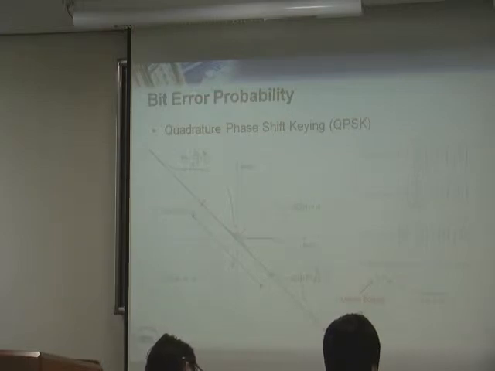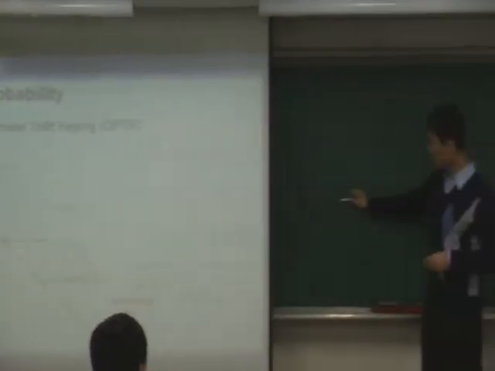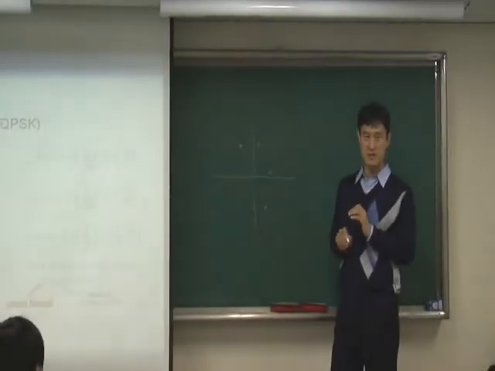I'm going to transmit one of these. Just an arbitrary constellation. Let's say I transmitted this symbol. There are error cases that this one is transmitted, but this one is received. That's error case 1. This one is considered as this one. That's error case 2, case 3, case 4, case 5. There are 5 different error cases, right?